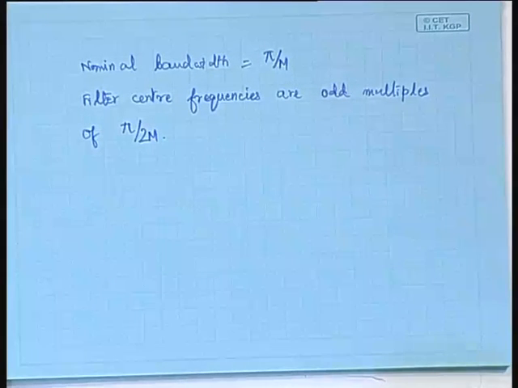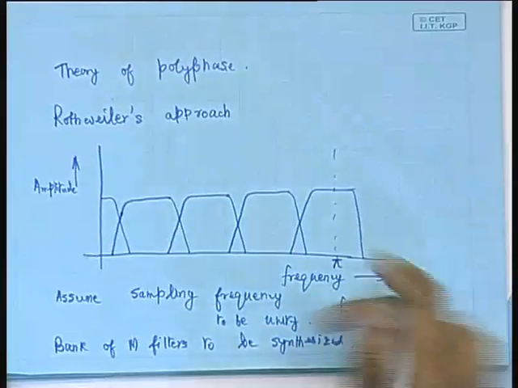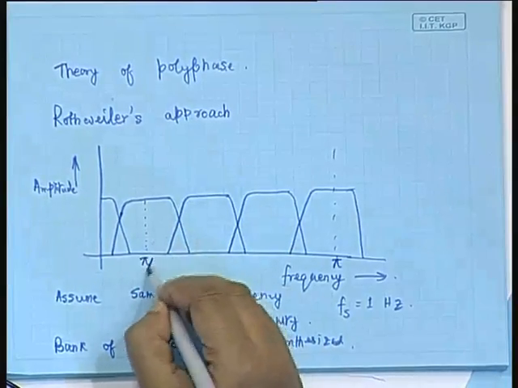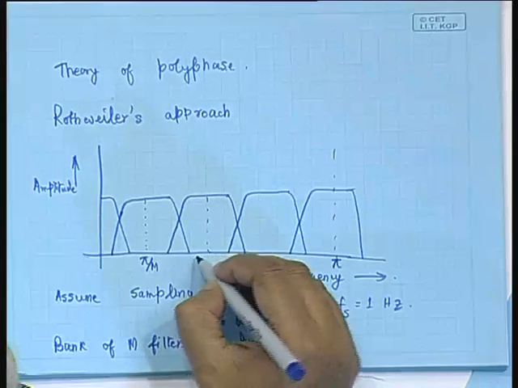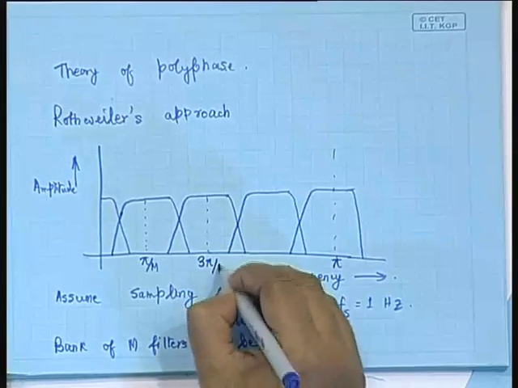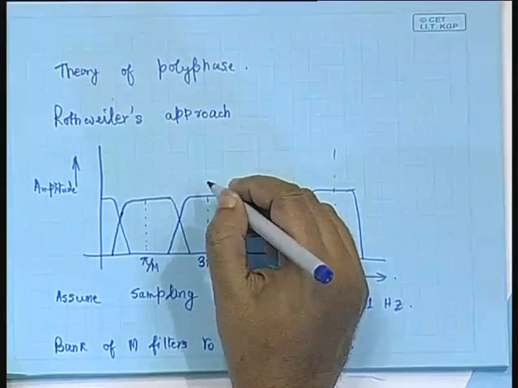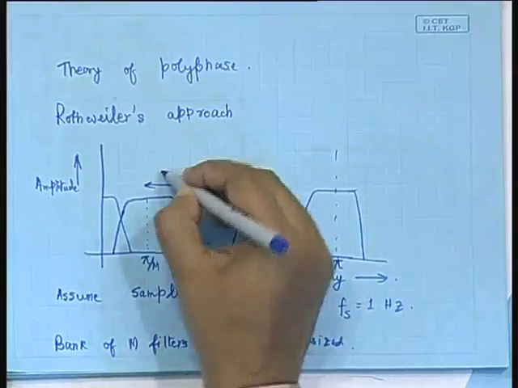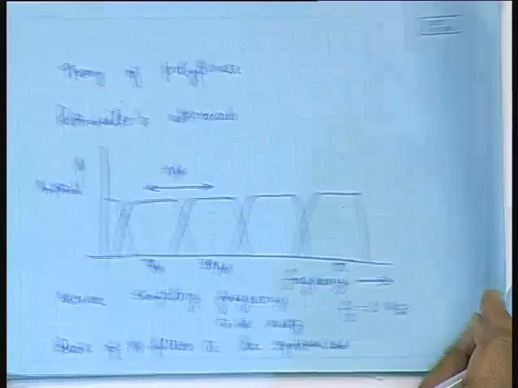So, in that case, this center frequency that we are talking of is going to be pi by 2M, then this is going to be 3 pi by 2M, and this is pi, and the bandwidth is going to be pi by M. So, from here to here we have pi by M.